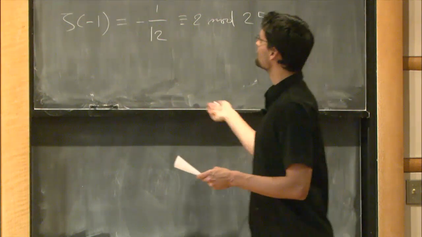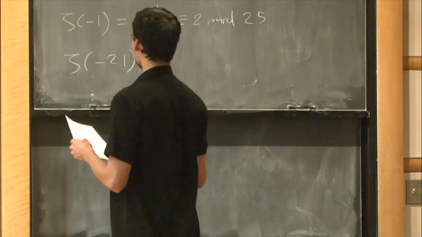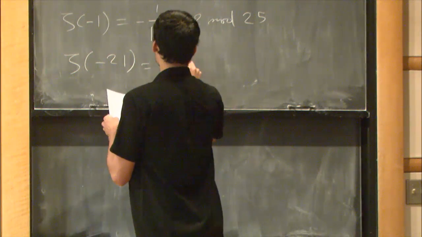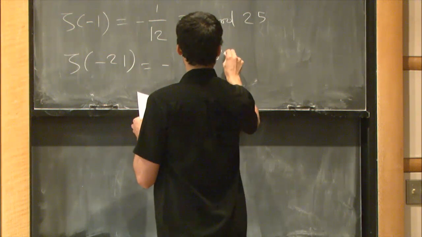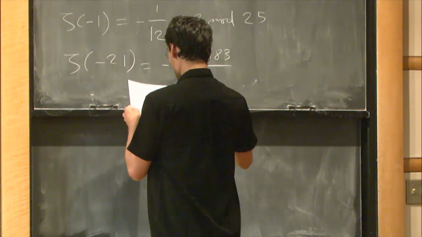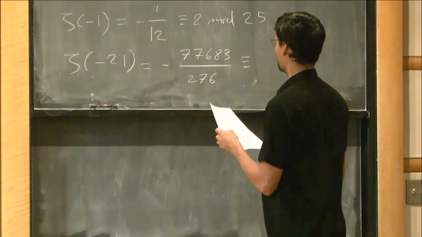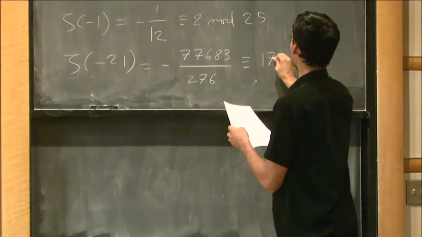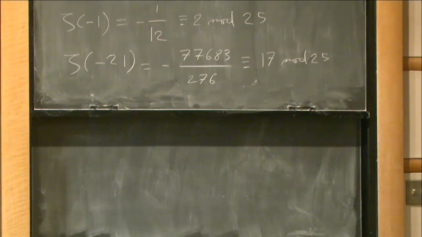But now if you take the motive Q of minus 21, and you compute the same value, that's minus 77,683 over 276, and that's less obviously congruent to 17 modulo 25. And so in particular, these two values are not congruent.